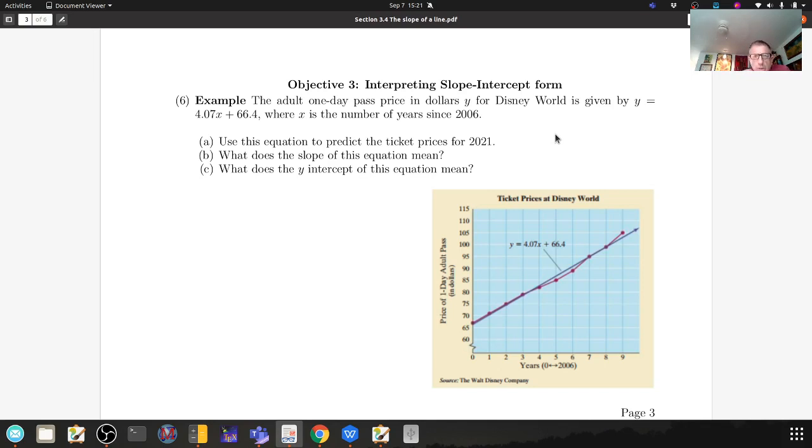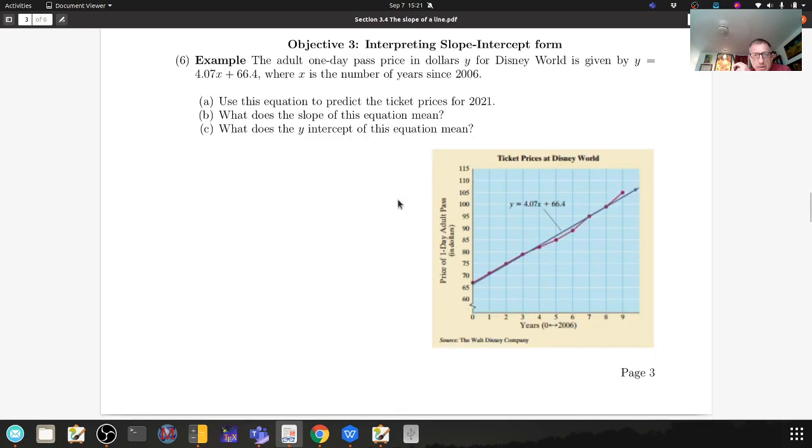So the adult one-day pass price, where y stands for dollars, of an adult one-day pass is given by y is equal to 4.07x plus 66.4, where x is the number of years since 2006. Use this equation to predict the ticket price for 2021. So let's do that first. So we're given an equation.